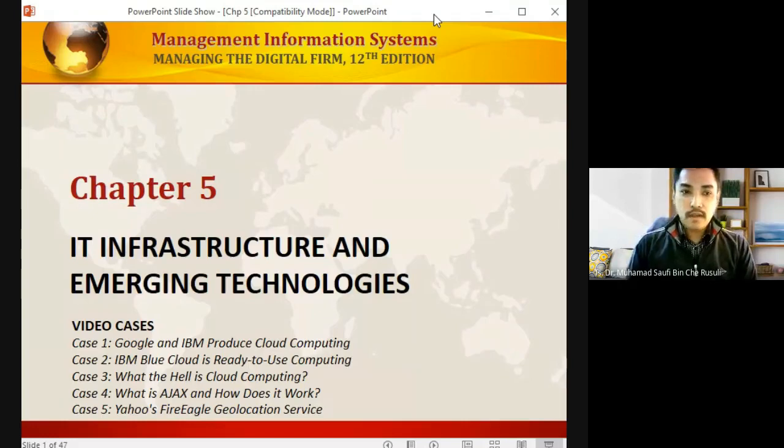Okay, so today we want to discuss the IT infrastructure and emerging technologies. Since we were already hit by the COVID pandemic, there are a lot of changes in IT infrastructure and also the emerging technologies that we can see.